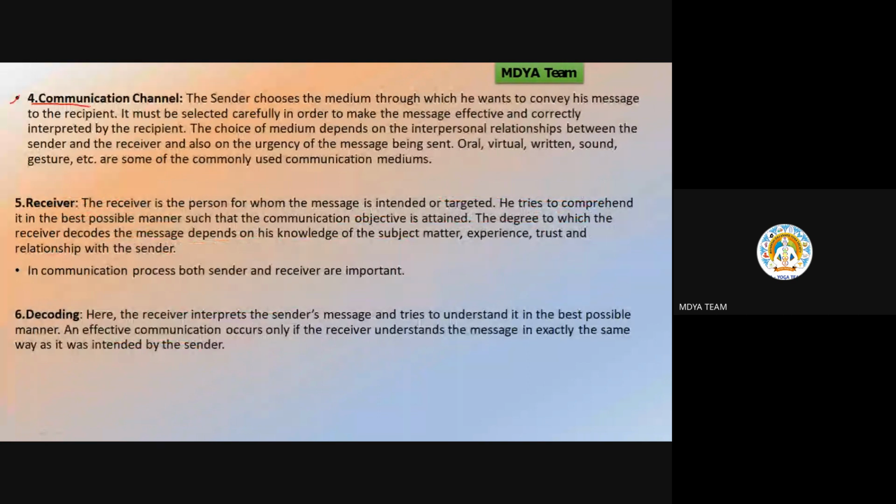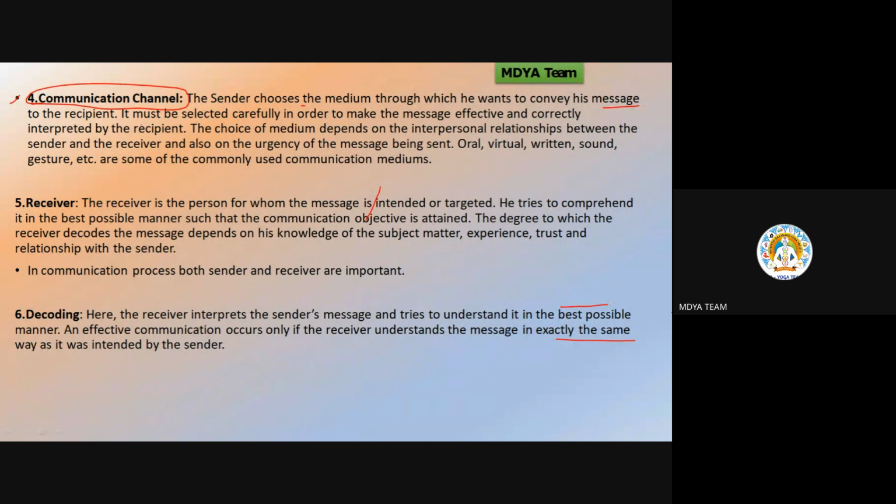Then, what is the communication channel? Anybody? It can be a WhatsApp message, ma'am, Facebook or phone call. Yes, that is more of a medium, and channel can be oral, written. Yes, you are saying the online channel. The sender chooses the medium through which he wants to convey his message to the recipient.